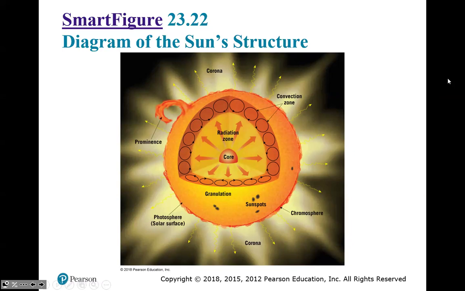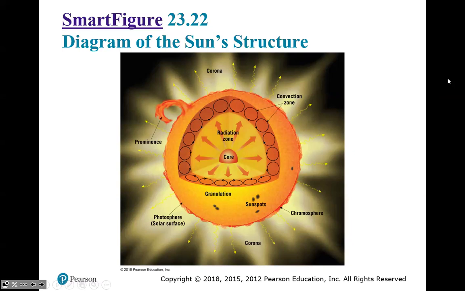In the radiation zone, energy is transmitted primarily by radiation. Energy is moving around because stuff is emitting radiation, absorbing radiation, emitting radiation again, and it travels outward via radiation, but not by, say, the movement of material.